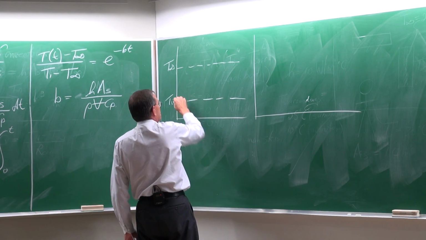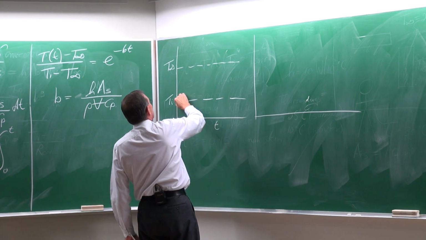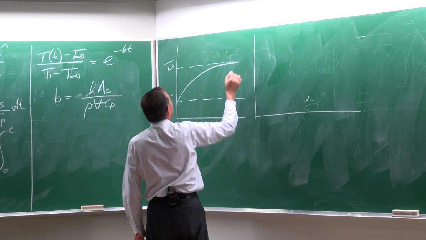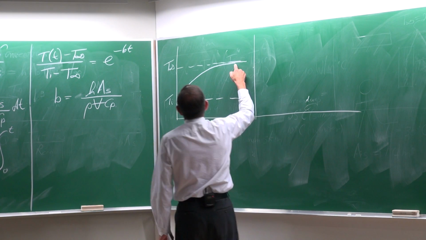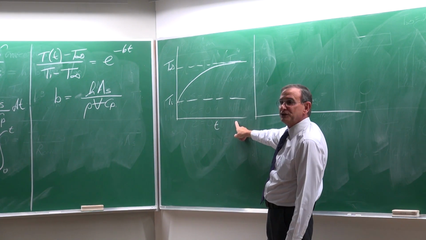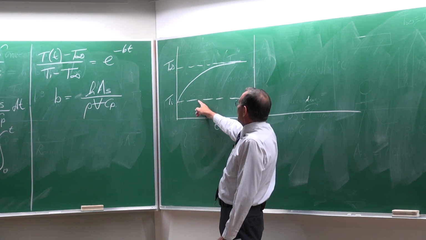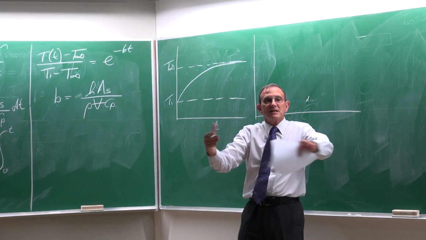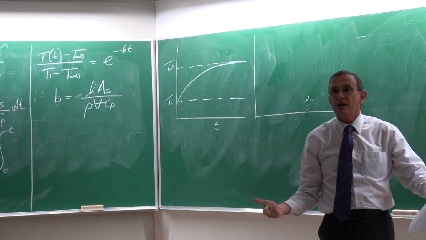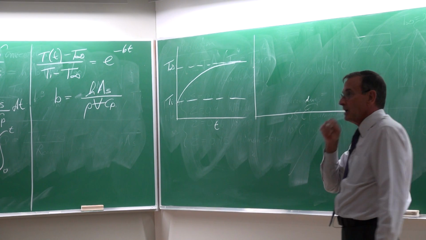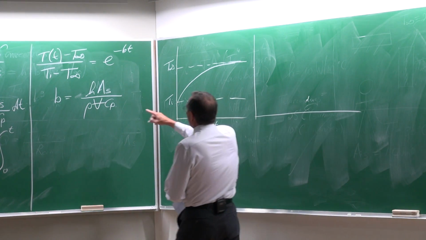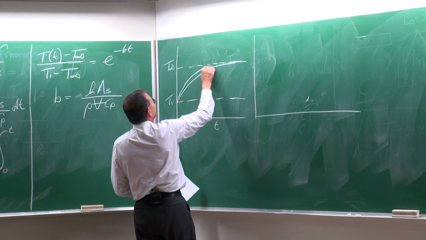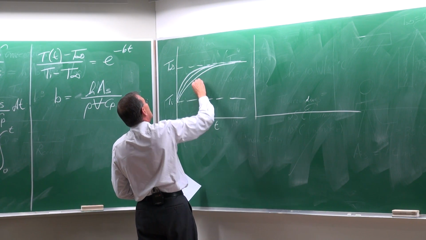Then the temperature as a function of time, the solution is going to do something like that. After a long enough time, the temperature of the body is going to be the same as that of the environment. You agree? Okay.